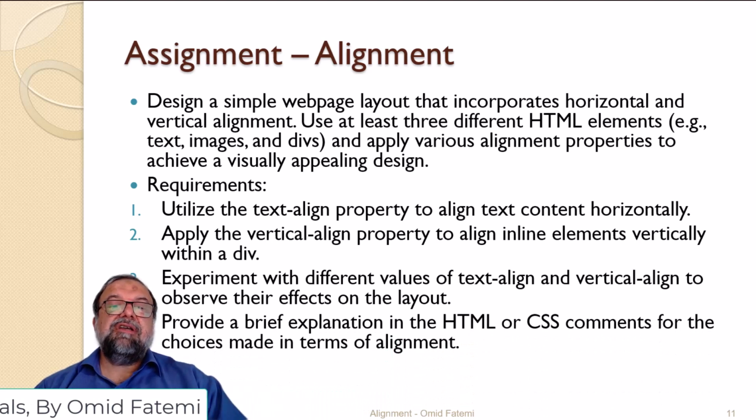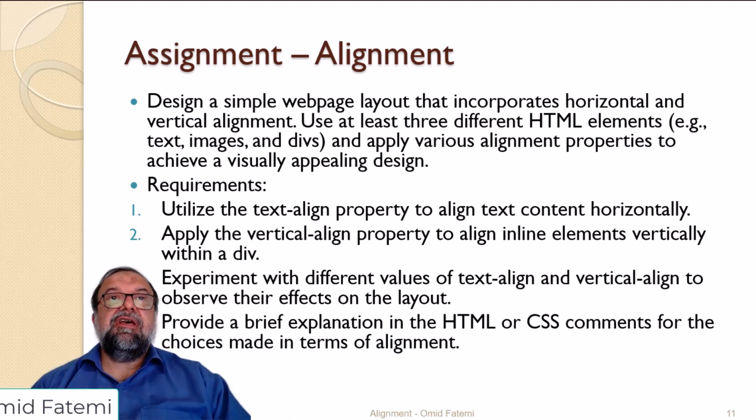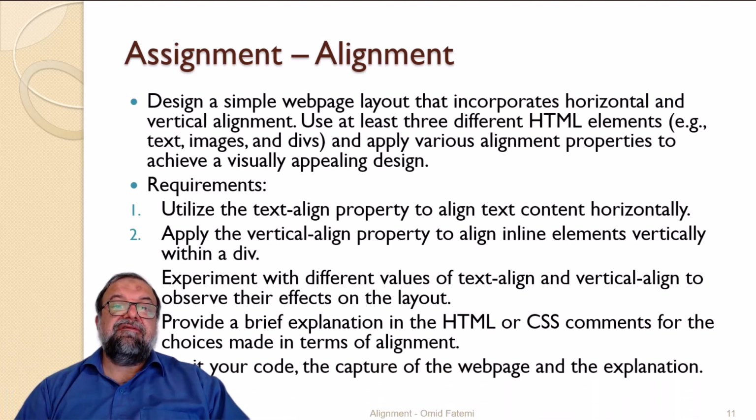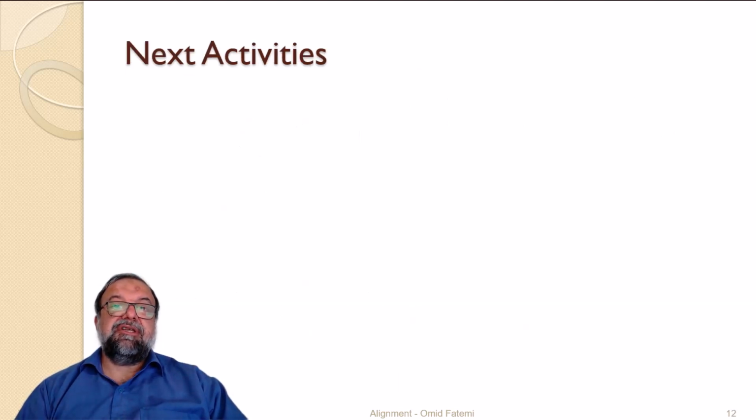Then provide a brief explanation in your code, HTML and CSS, by putting comments there, and also write it in a separate file. So submit your code, the capture of the web page after you tuned it, and the explanation.